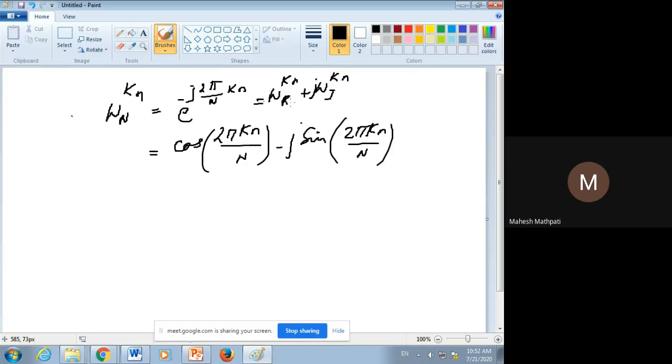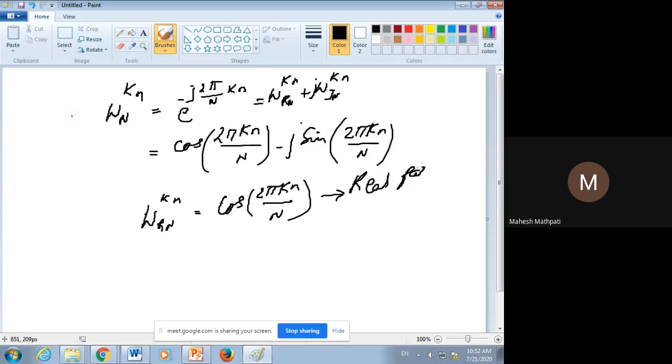So we can write W_R, as we know this is W_R and W_I. W_R to the power kn is equal to the real part, that is cos 2 pi kn divided by N. This is what we call the real part of W_N to the power kn.